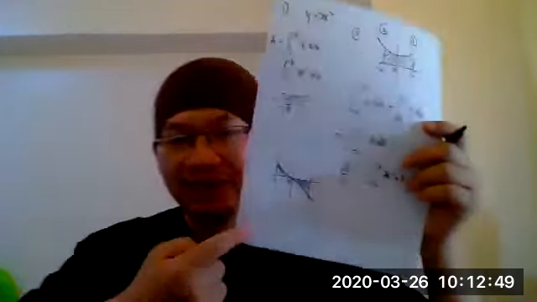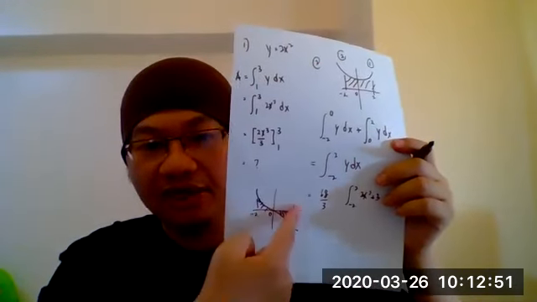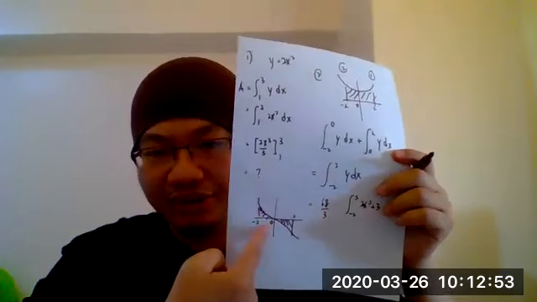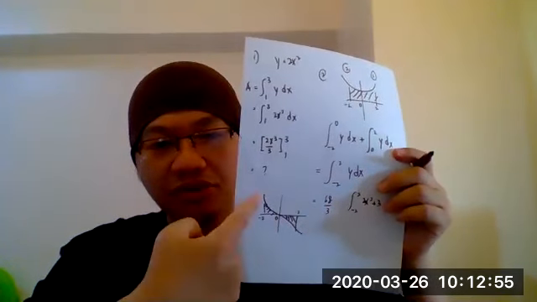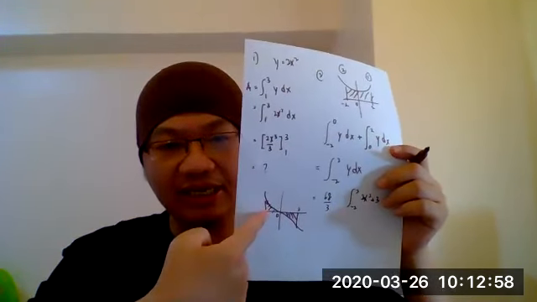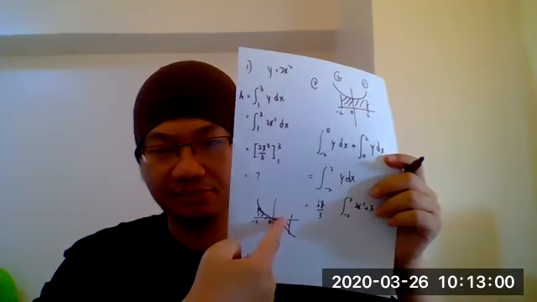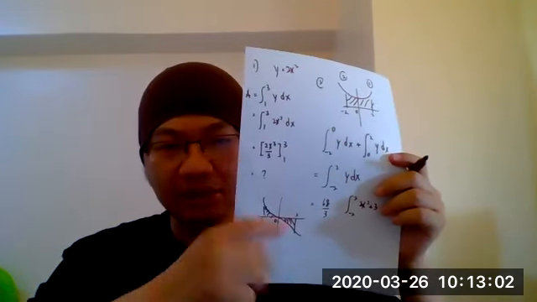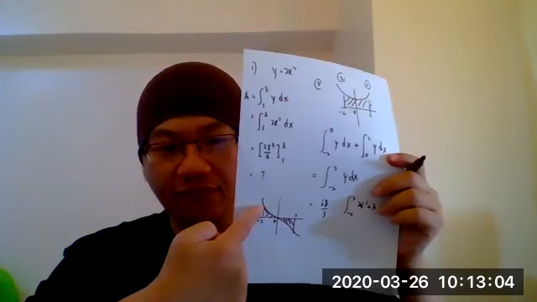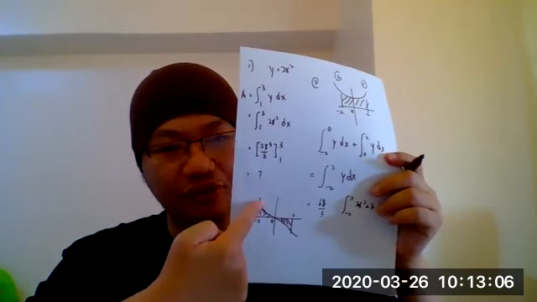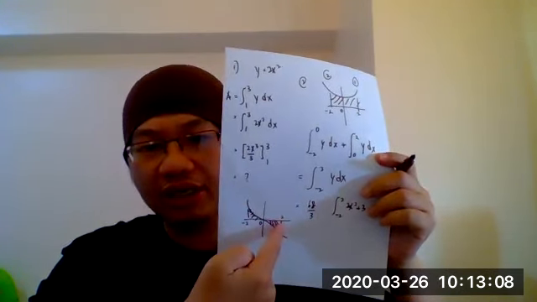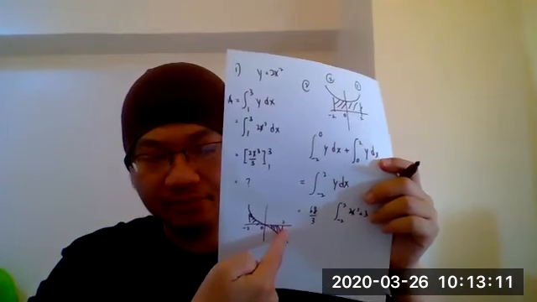Okay, now, this graph. Let's say this kind of graph, -2, 0 until 2. I want to find this area. Now, you see here, the shaded region is against the x-axis, but the location, this one is located on the first quadrant, and the shaded region here is located on the third quadrant.